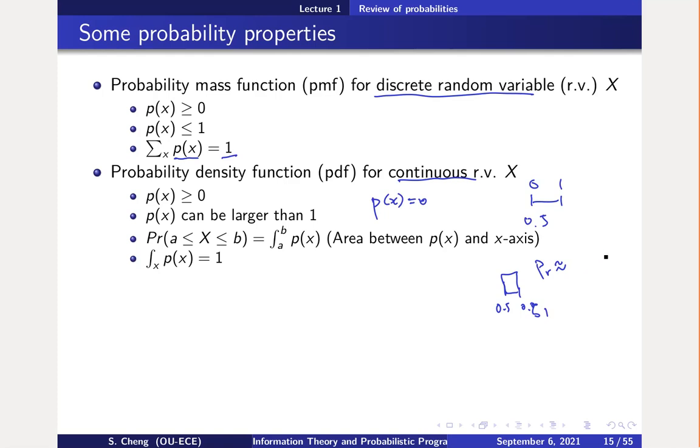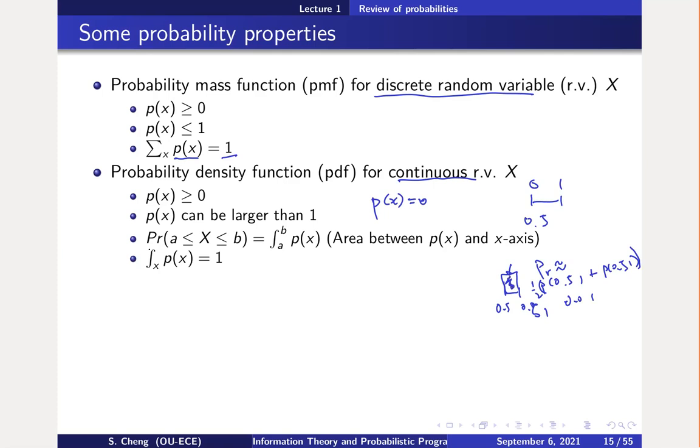Let me write it better: p(0.5) plus p(0.51), I take the average of that, the midpoint, times 0.01. Or you can think of the area underneath as the probability.